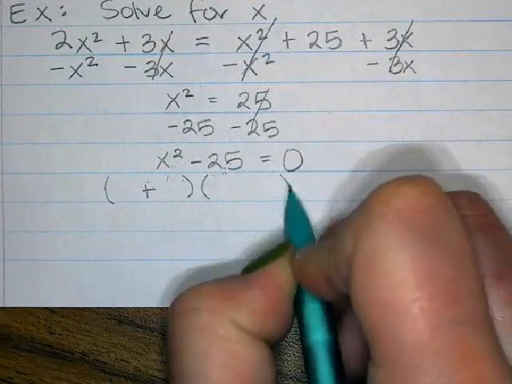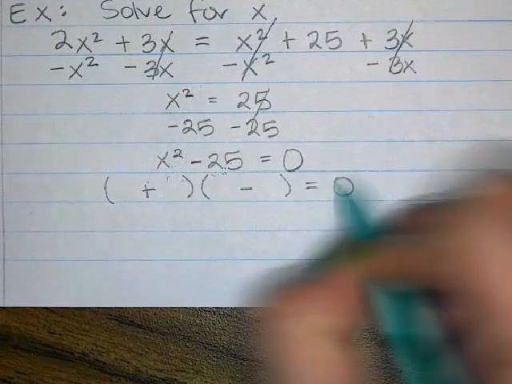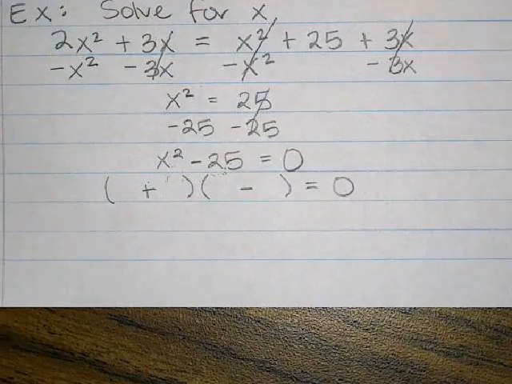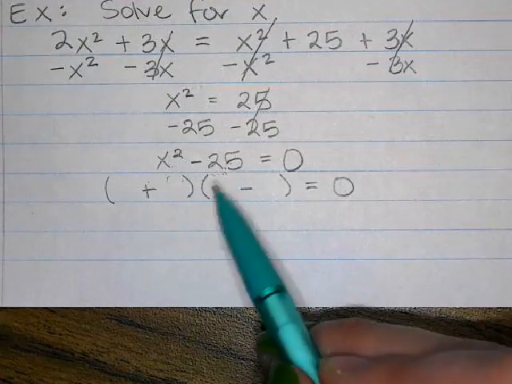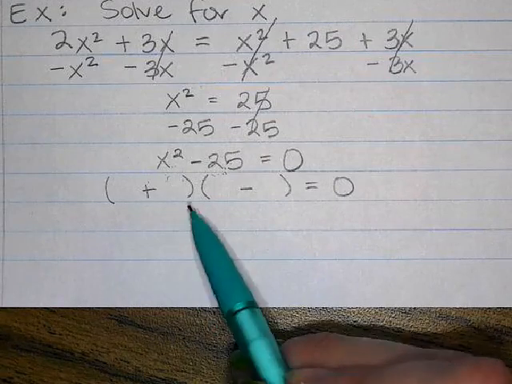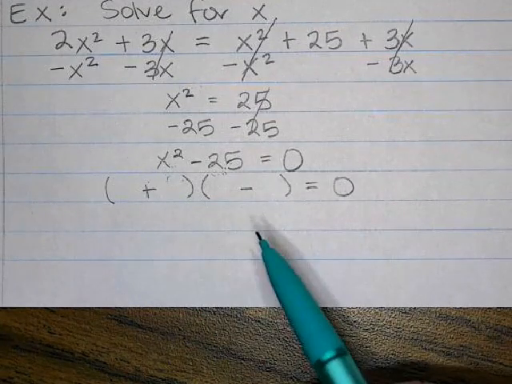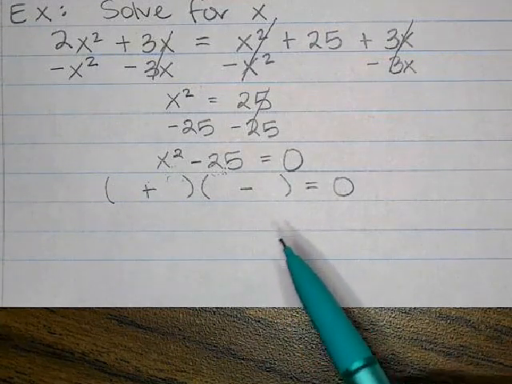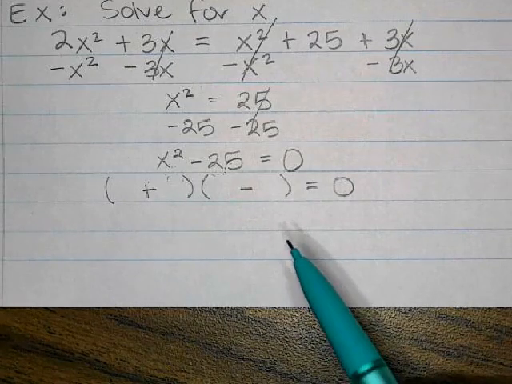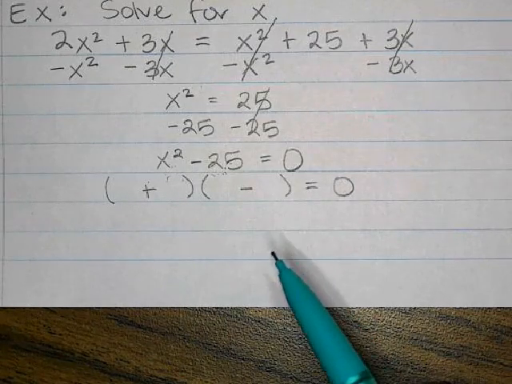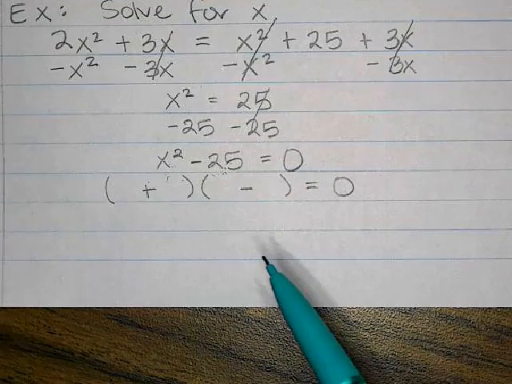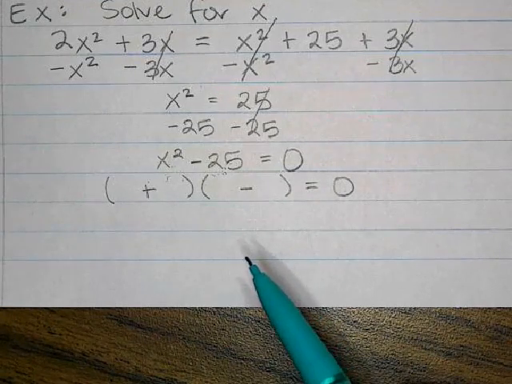And I would say what I've noticed as a math teacher is that students are more likely to get this problem right if they factor it than they are if they square root it, because most students will say the square root of 25 is 5. What's the actual square root of 25? Positive and negative 5.